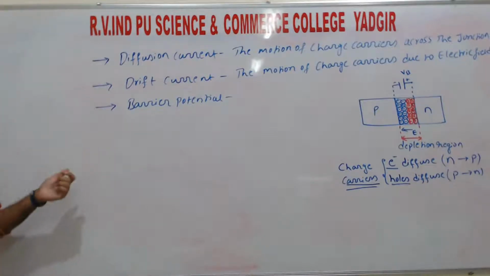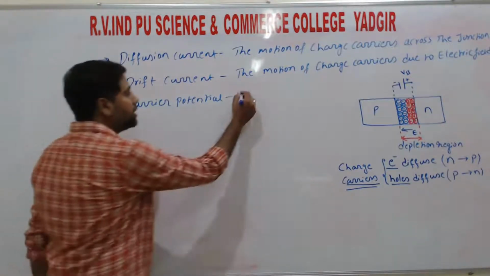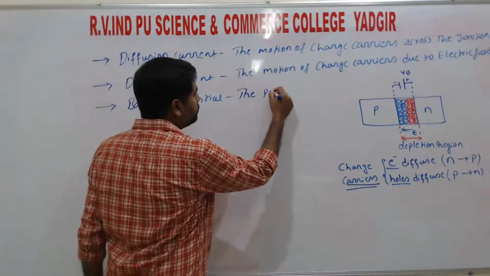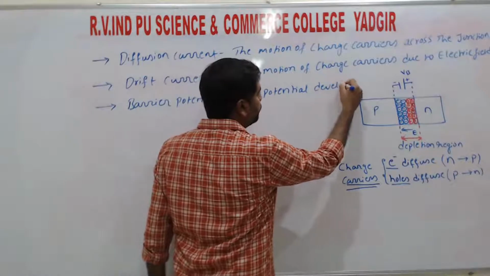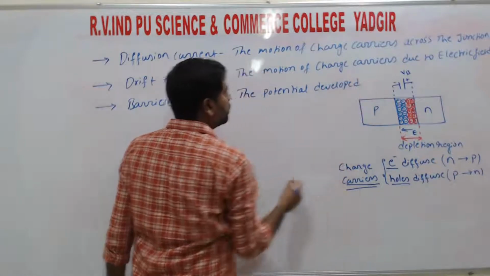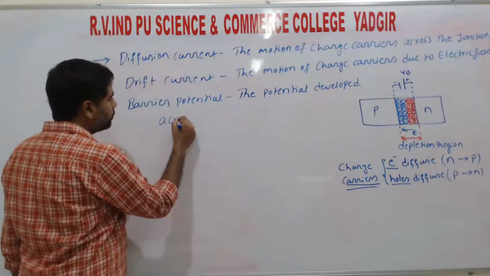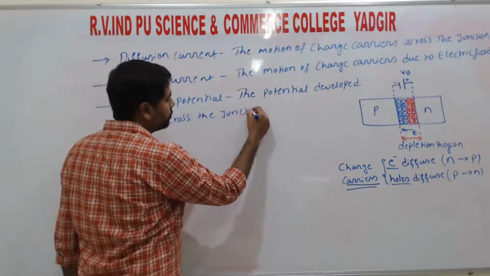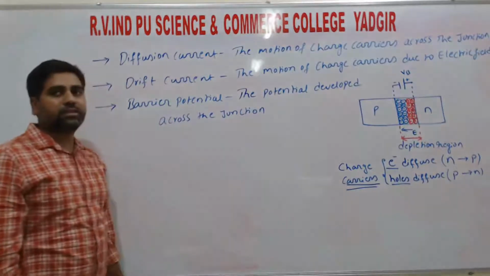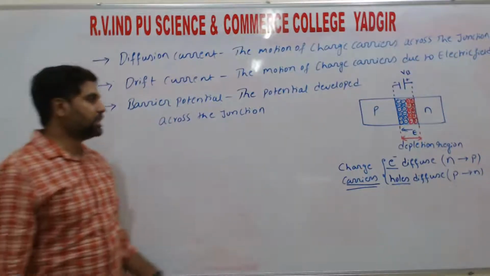So what is barrier potential? The potential which is developed across the junction, right?